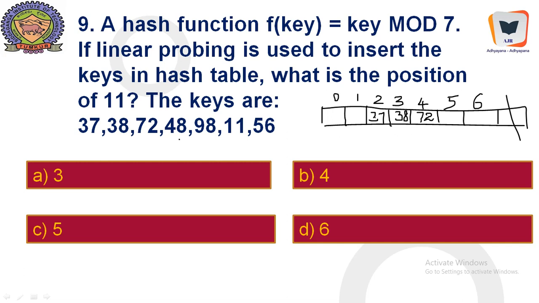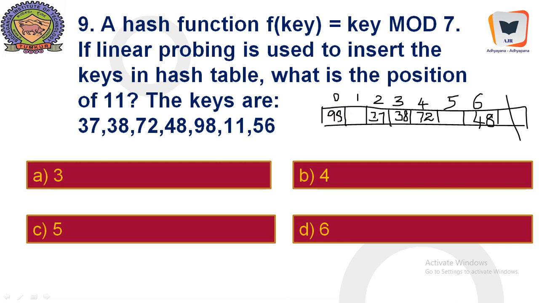And as far as 48 is concerned, 48 will have to be placed at the 6th position, because 7 sixes are 42, what remains is 6. So 48 will go and occupy over here. As far as 98 is concerned, it is 0, because 98 is divisible by 7. So 98 will come and sit over here.